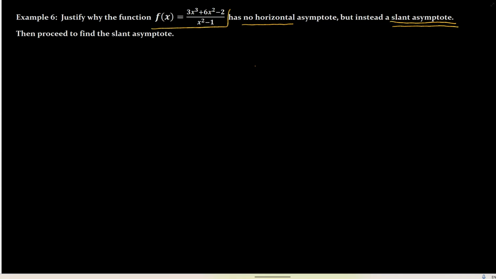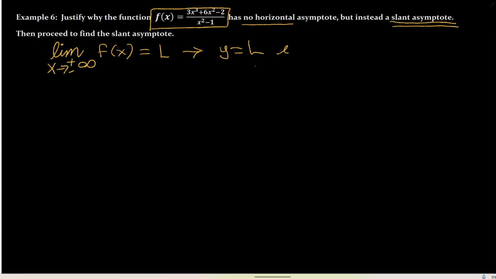If this is our function, and we're studying the horizontal asymptote, the definition of horizontal asymptote said the limit as x goes to infinity, all the way to the right at positive infinity, or all the way to the left at negative infinity, of f of x, if that limit is equal to some number L, then the line y equals L is a horizontal asymptote, right?